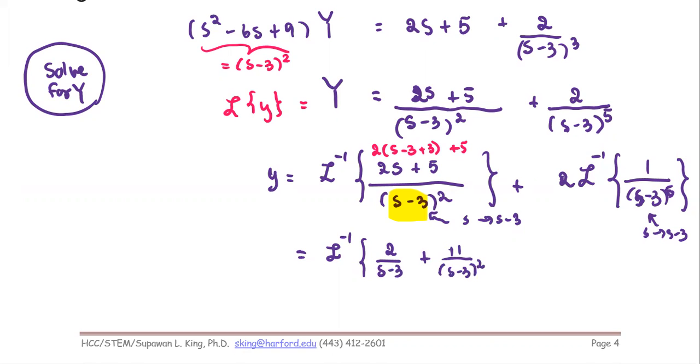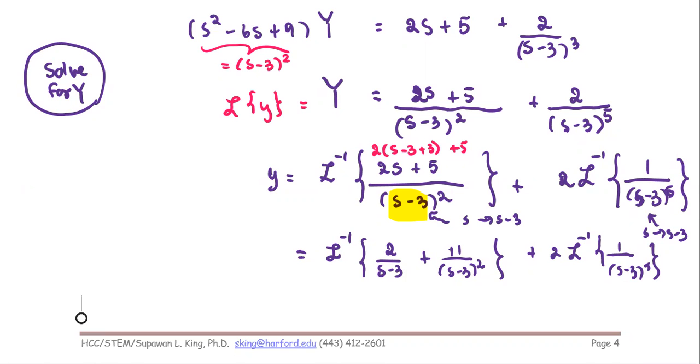Okay. And the last one, the 2 times the inverse Laplace of 1 over the quantity s minus 3 to the 5th. Now, as we see separate terms, the first one is the coefficient 2 multiplied by 1 over s minus 3. Okay, let me see if I can add more room into the notes here.